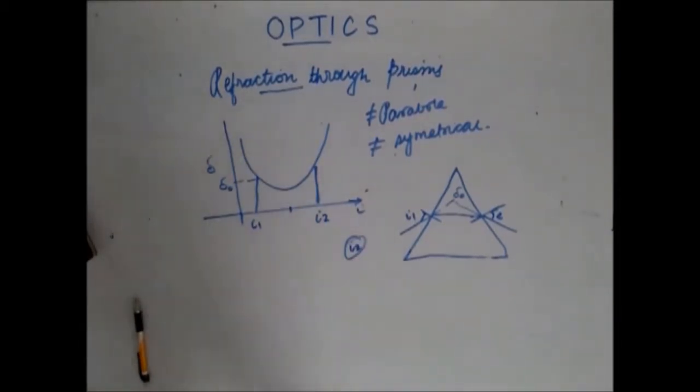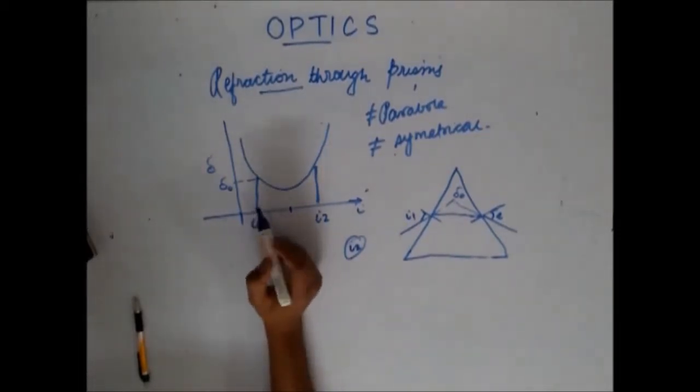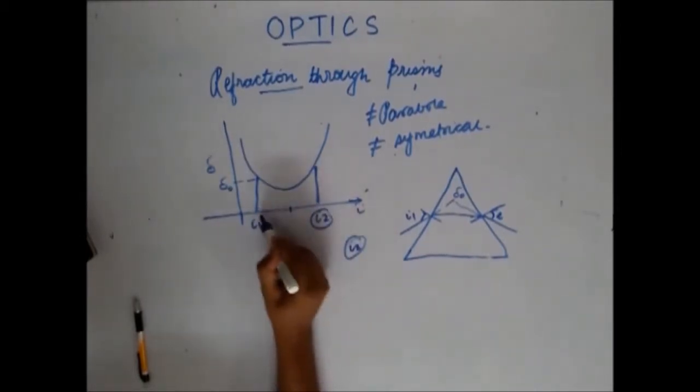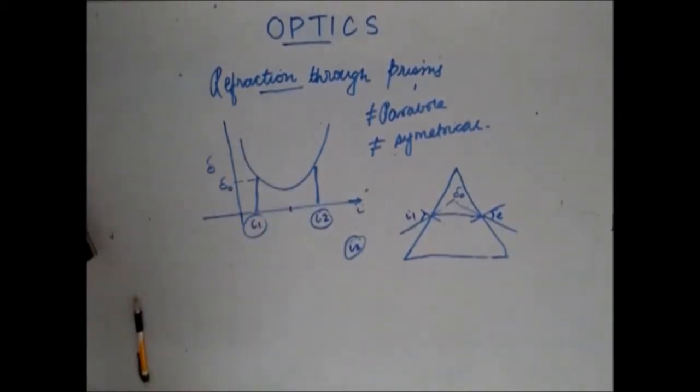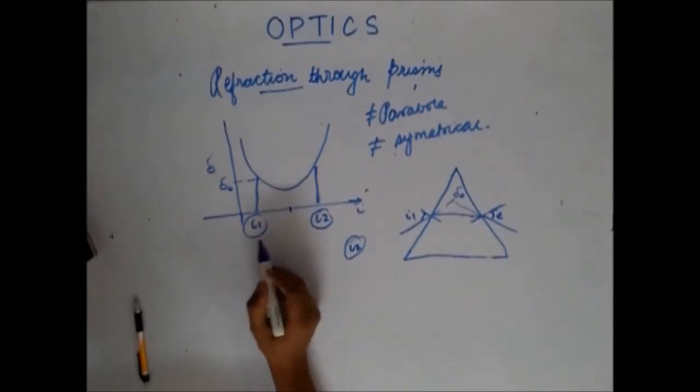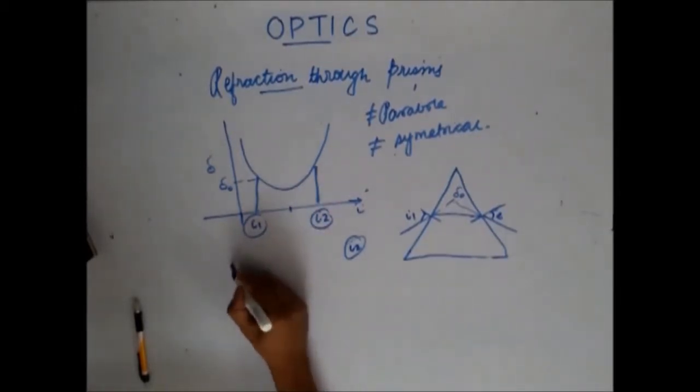Let me put it in other words. Why do I get two angles for a particular delta? Why do I have two angles like I1 and I2?